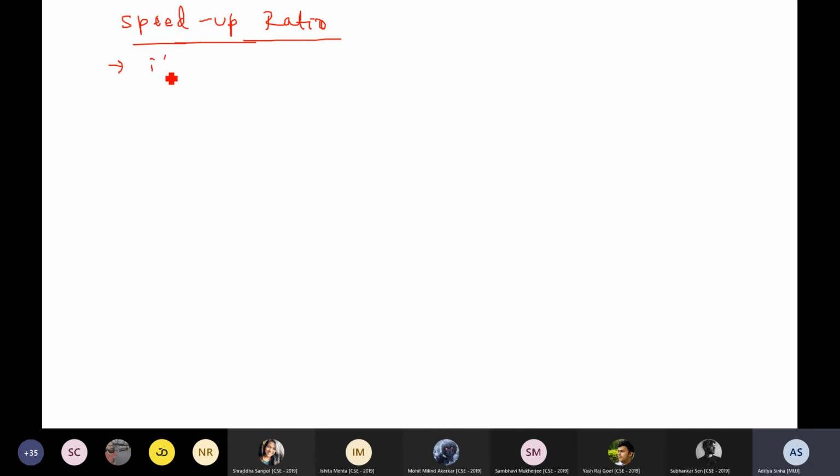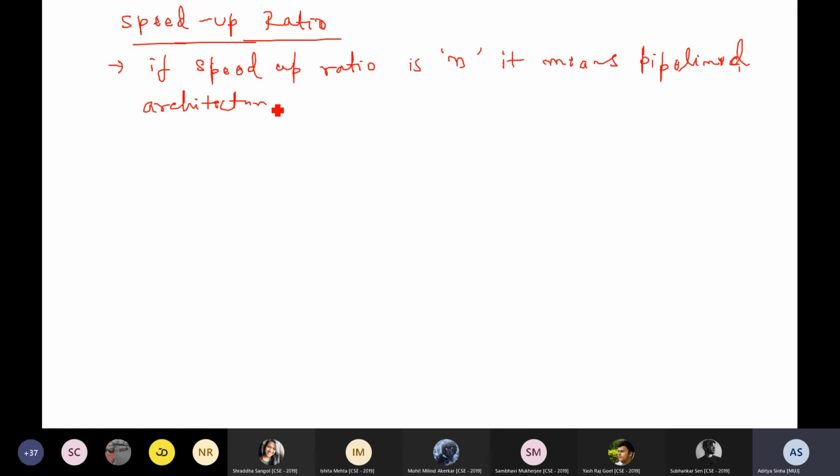So if the speed up ratio is n, it means a pipelined architecture is n times faster than what?